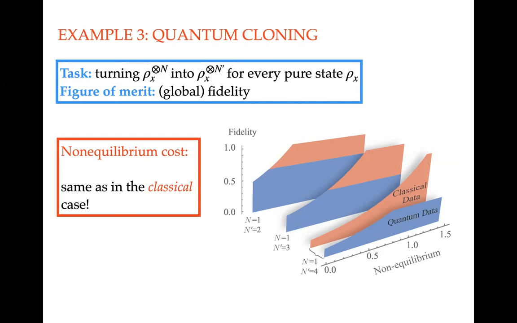The difference between classical and quantum cloning is just that quantum cloning saturates before reaching fidelity 1, whereas classical cloning can go all the way, but for the values of the fidelities where both are possible, the trade-off curve is exactly the same. So the thermodynamical cost is the same.